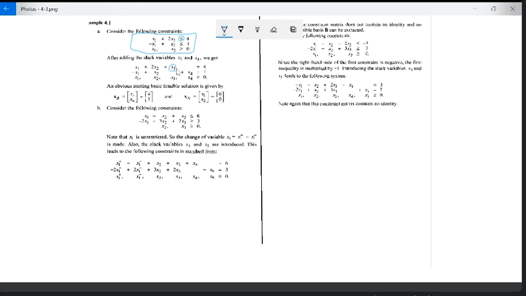X3 is a slack variable. This form is less than. This is x4. In the simplex tableau, x3 and x4 are the basic variables, with columns x1, x2, x3, x4, zj minus cj, and right hand side.